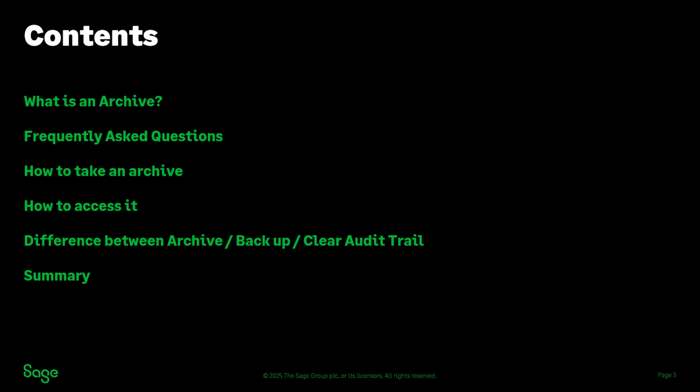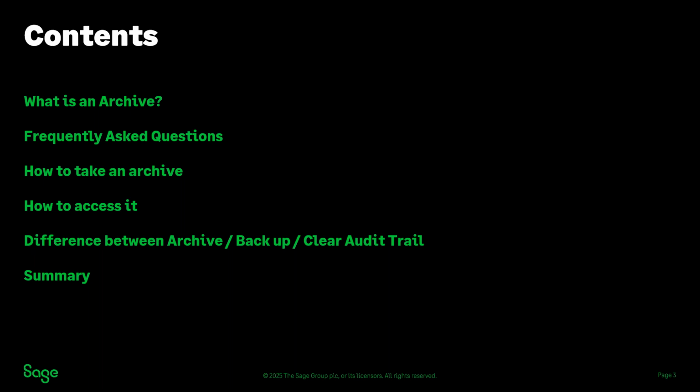Okay, so this is what we're going to be covering today. This session is going to be shorter than usual if you are a regular. We have created this topic based on the amount of questions we have gotten on previous webinars. Now, Company Archive is one step of a bigger process if you are looking to clear out your data. So first we're going to cover what is an archive. We want to clear up that confusion of what an archive actually is, how it works, and what are the benefits.